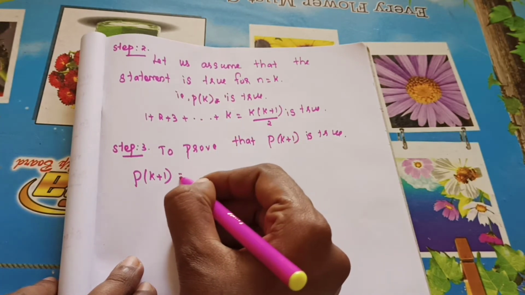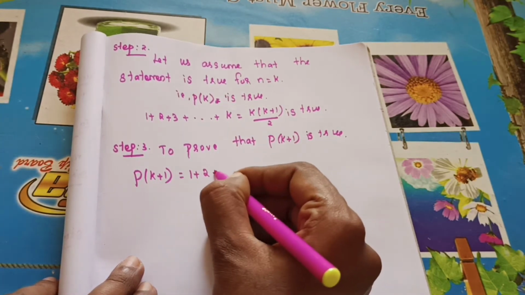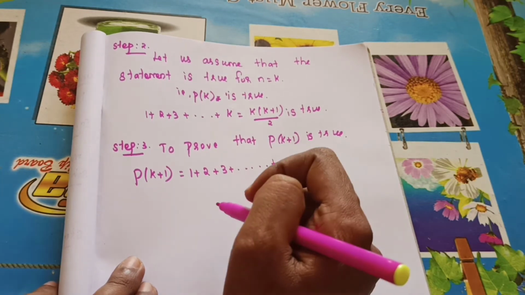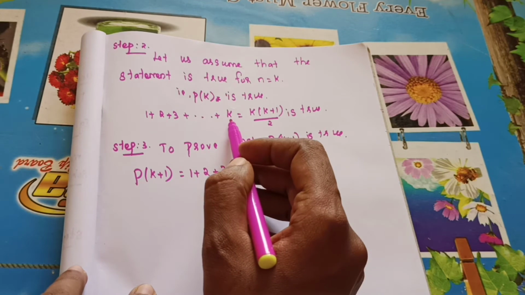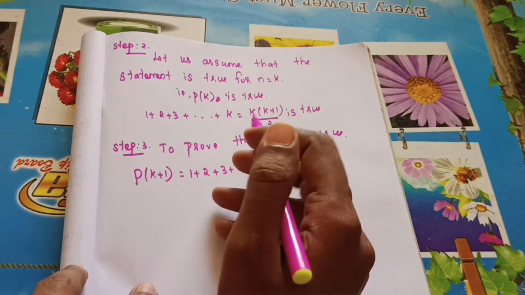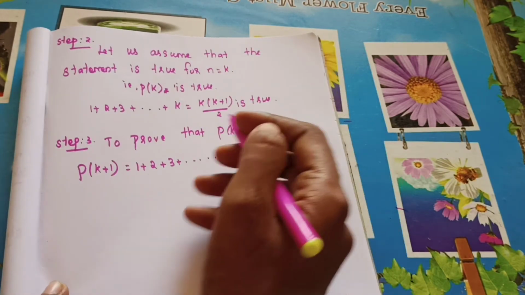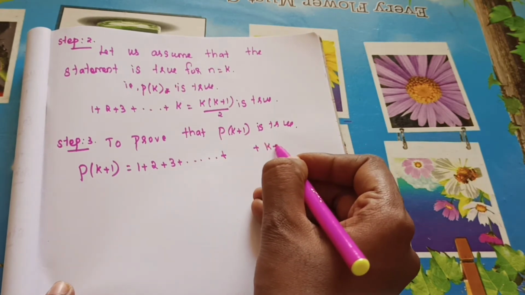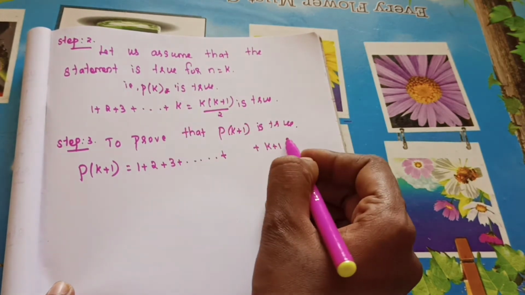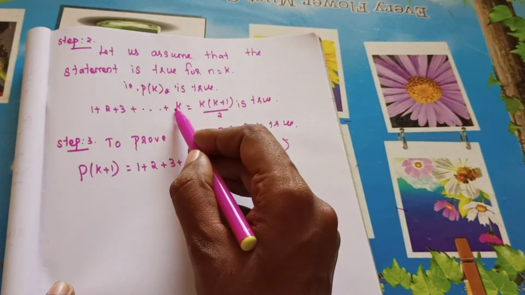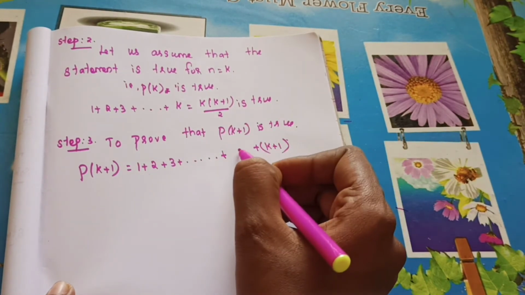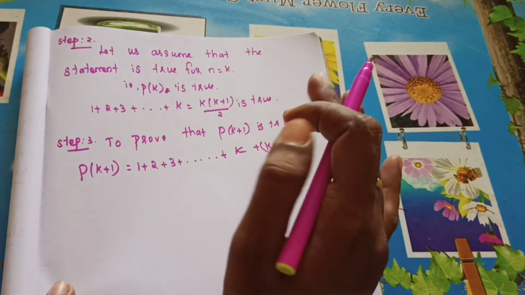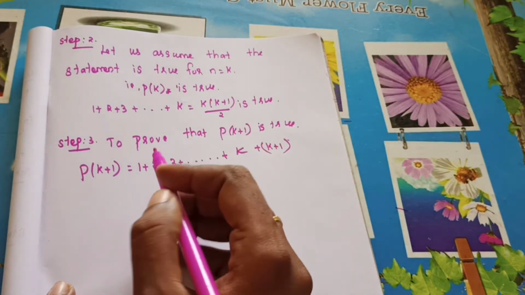So that's equal to 1 plus 2 plus 3 plus etc. plus, now you will have a doubt. Ma'am, in the place of k you said to substitute k plus 1, is it right? So here the last value is k plus 1. What's the previous number then? k. Correct? Got it?